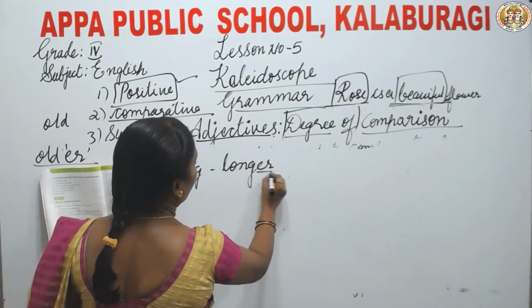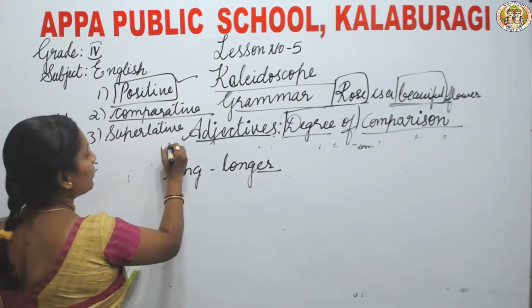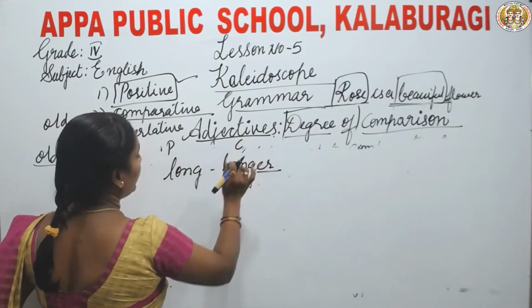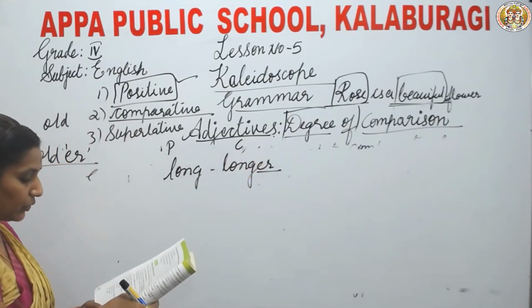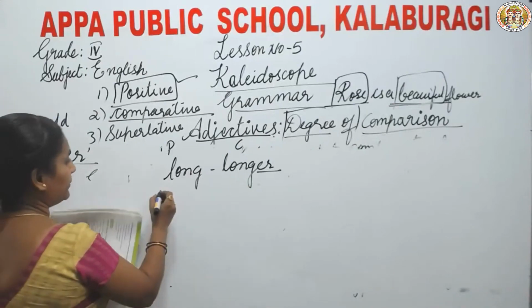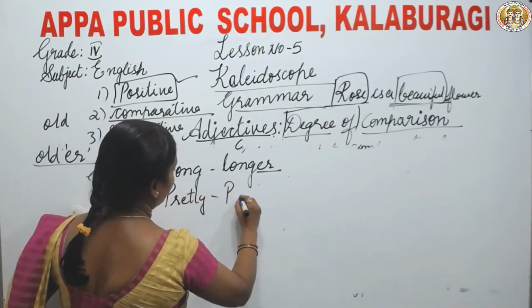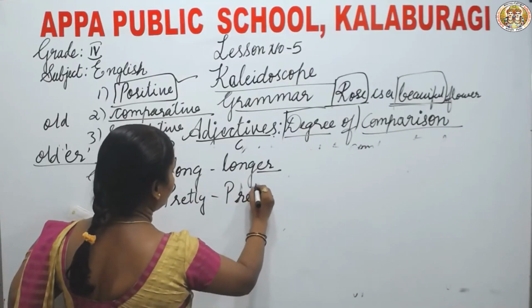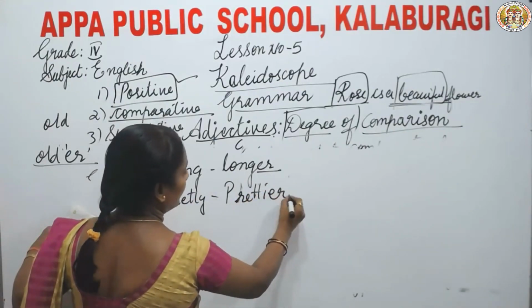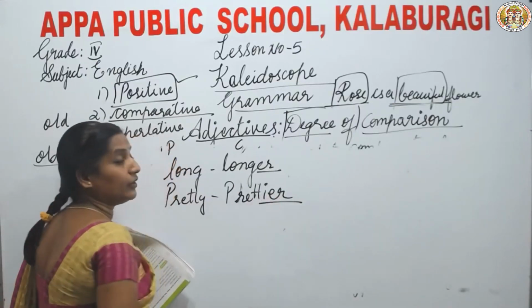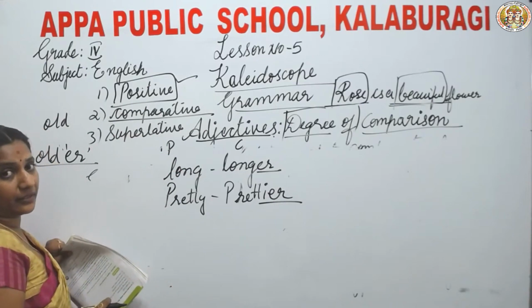Here you have added er. This is positive, this is comparative. Now one more: pretty, P-R-E-T-T-Y, prettier, P-R-E-T-T-I-E-R. You have to add ier to make it prettier.